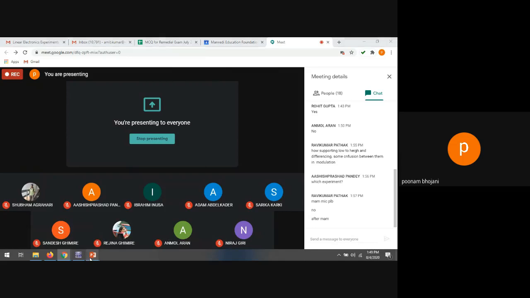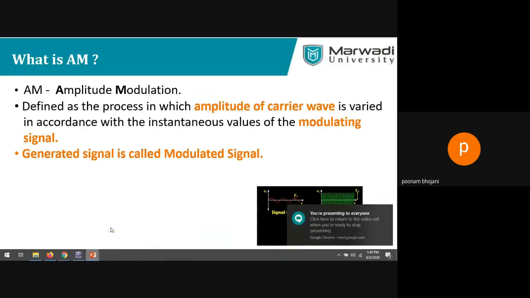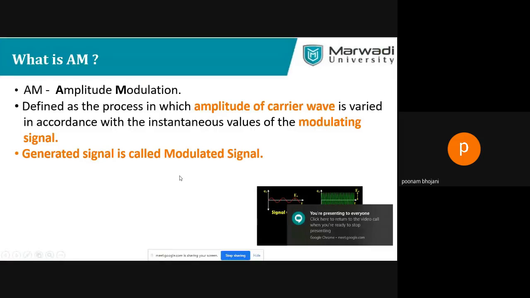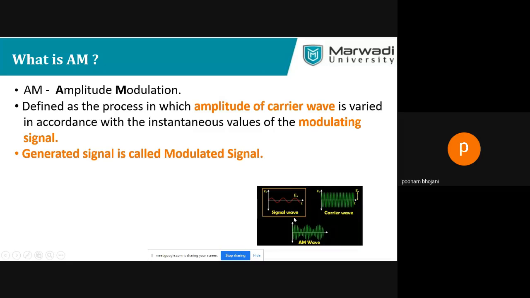Okay, sorry for the interruption. Okay, let's start. Now, the generated signal is called modulated signal. As I told you, whatever signal is generated after superimposing these two signals is known as AM wave. It is the same as ASK.